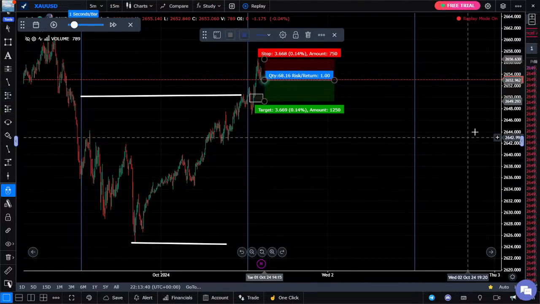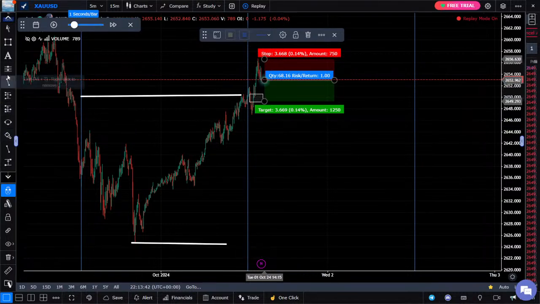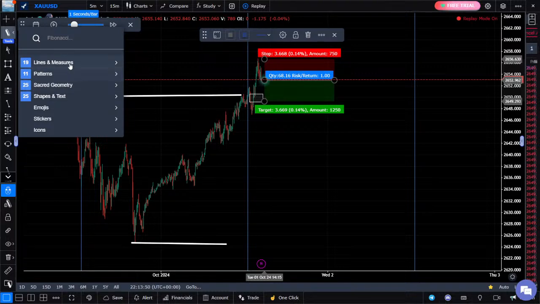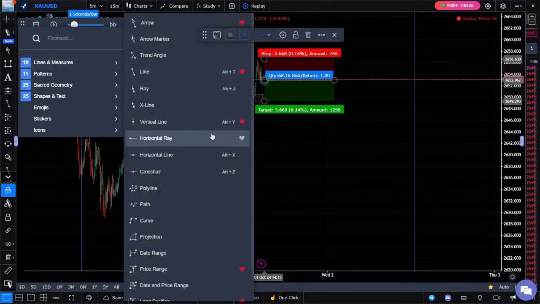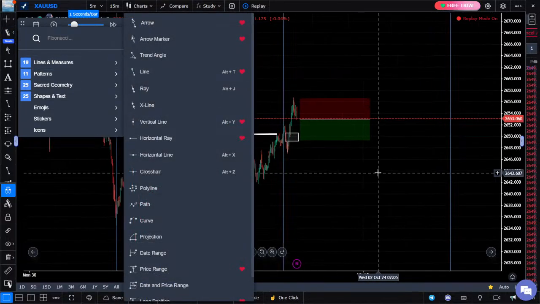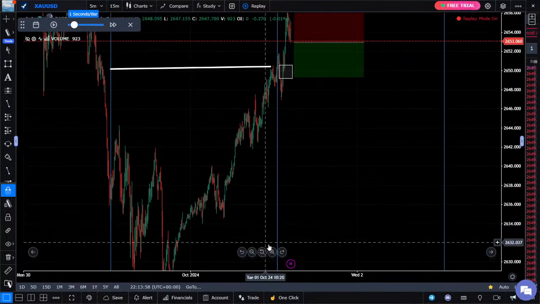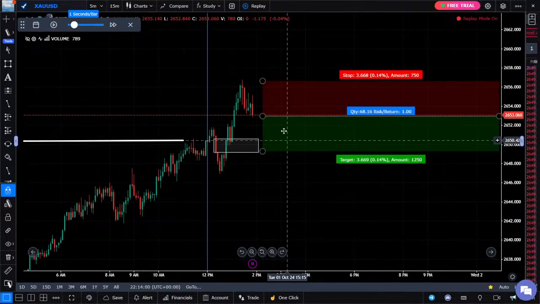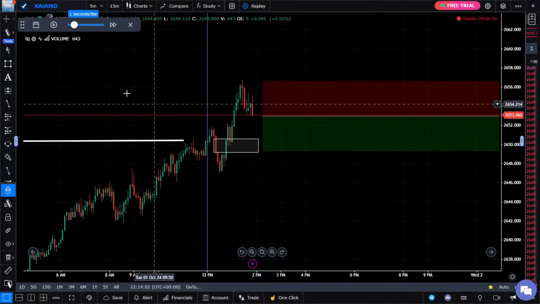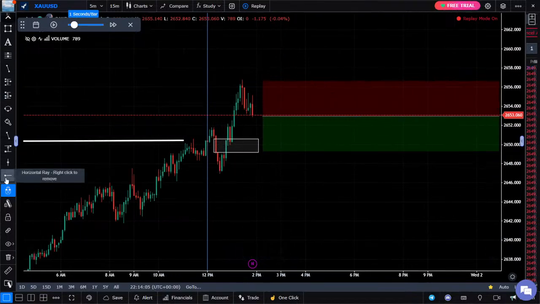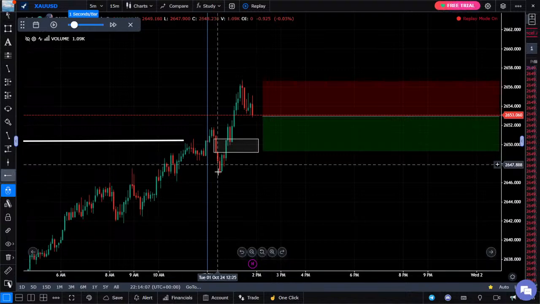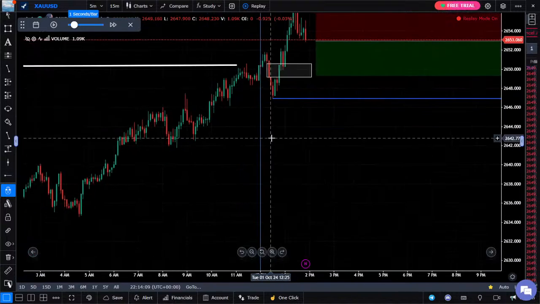Short. And once again, we're aiming for liquidity. Here we go, here's liquidity.